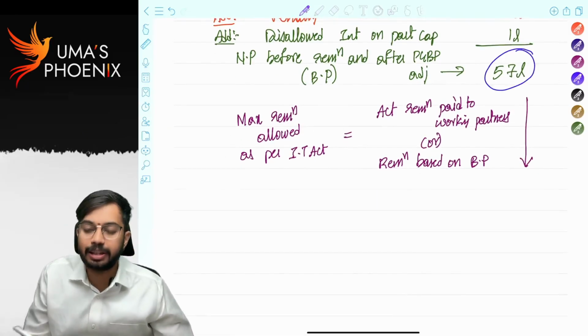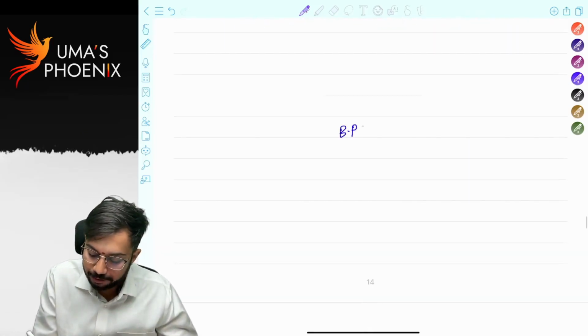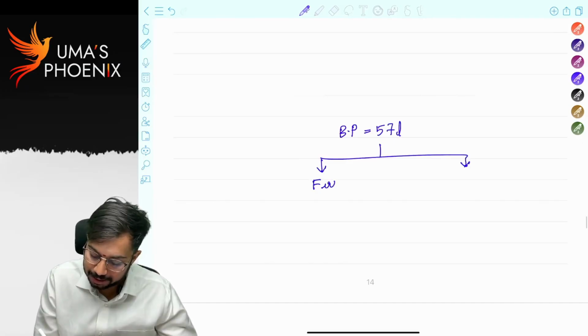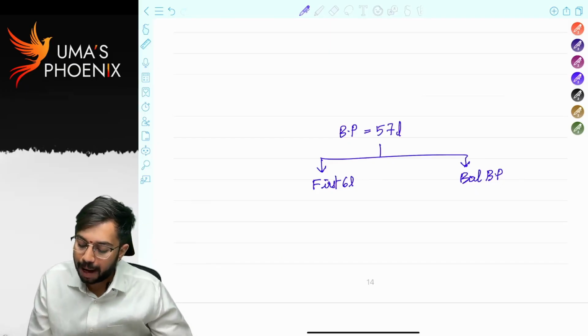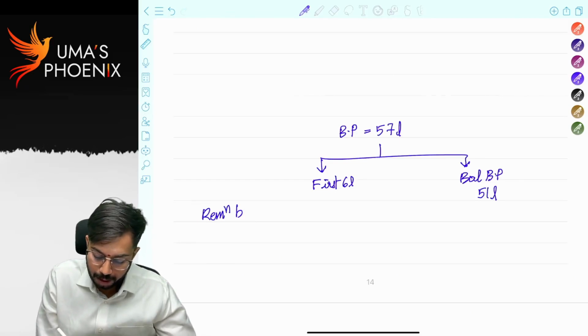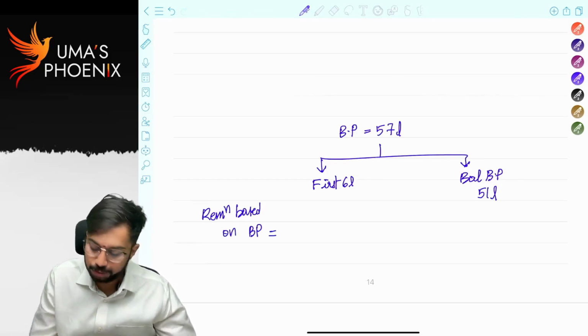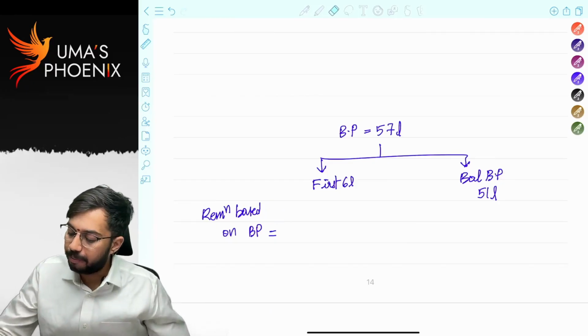See, here book profits are 57 lakhs. Now on first 6 lakhs, balance book profits. Balance book profits are how much? Balance book profits are 51 lakhs. So remuneration based on book profits is equal to, on first 6 lakhs, 90% of book profits.